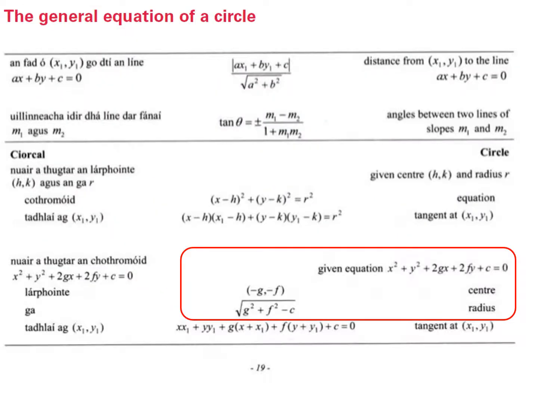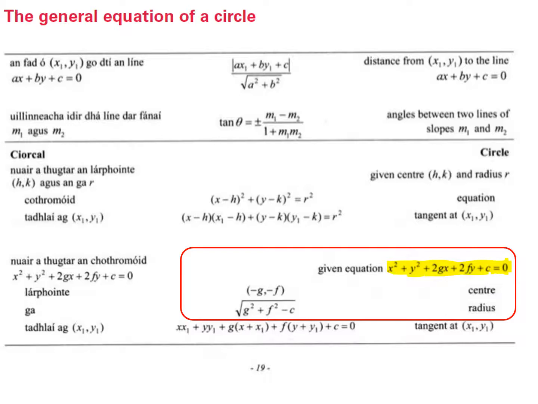So I'm back in my log tables now on page 19, and we're going to look at what's called the general equation of a circle. And I've moved below the last formula. Now, if you look, it says x squared plus y squared plus 2gx plus 2fy plus c equals 0. So this is it here. And actually, based on the equation we just did, this is like an expanded version.